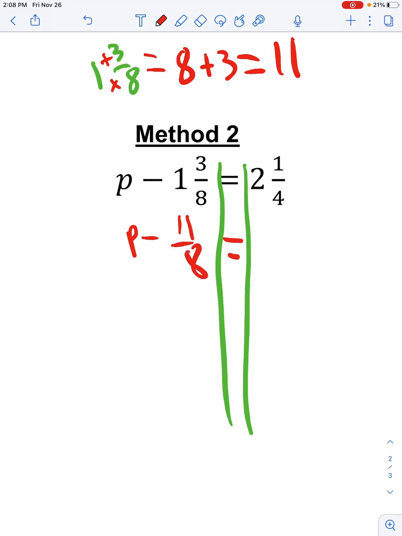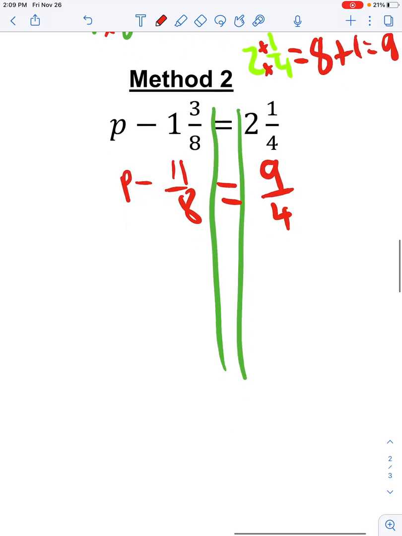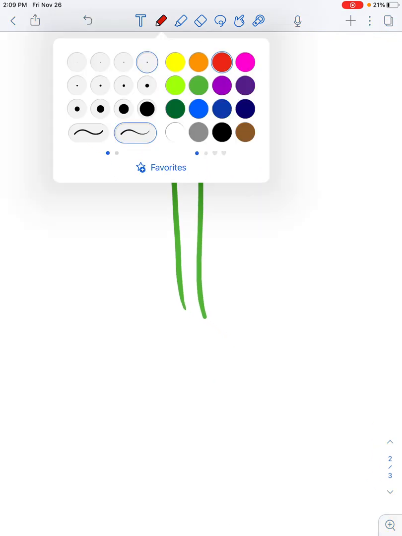So I could say this is P minus 11 over 8 equals, and let's do the same thing for 2 1/4. I multiply by the denominator and add the numerator. 2 times 4 is 8, plus 1 is 9. So I can rewrite this as 9/4.